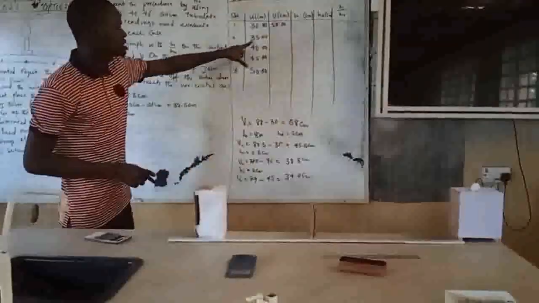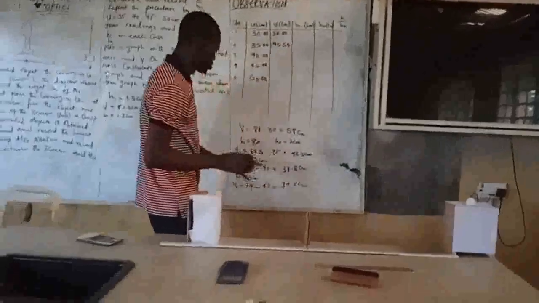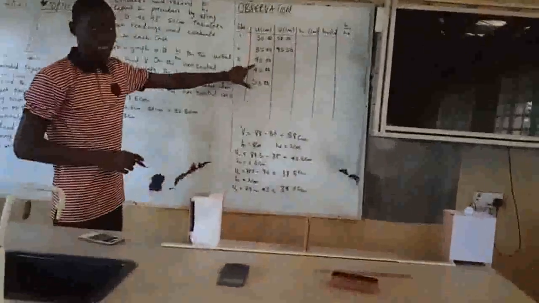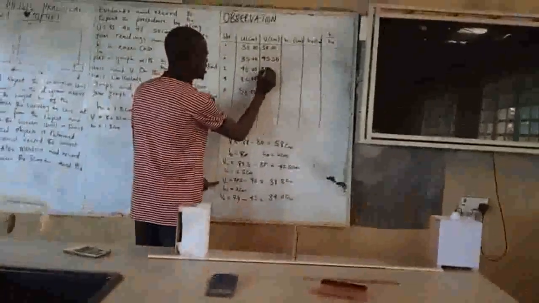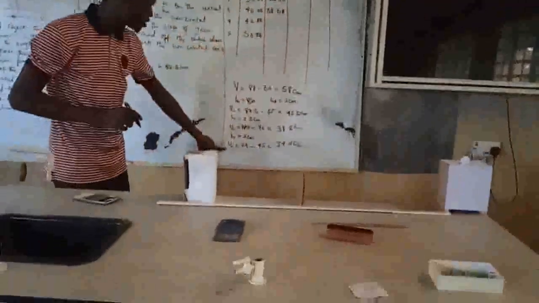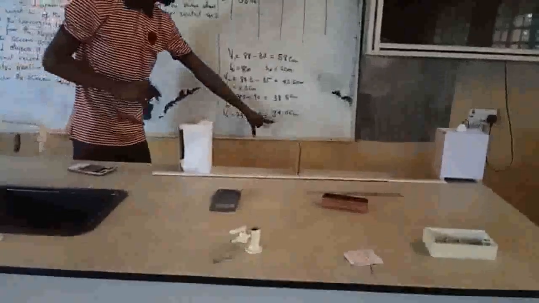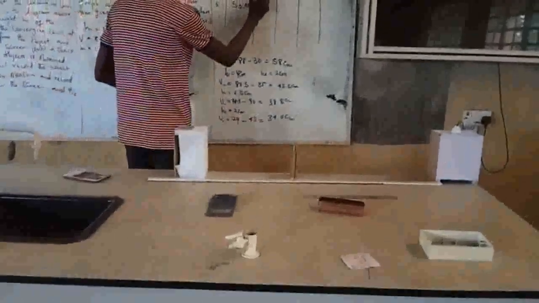When the object distance is 35 centimeter, my image distance is 45.50 centimeter. When my object distance is 40 centimeter, my image distance is 38.50 centimeter. And when we have 45, my v equals 34.00 centimeter.